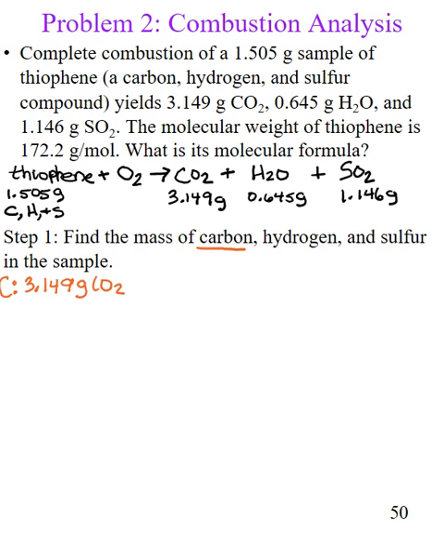All right, now for, let's say, hydrogen. Where is the hydrogen coming from? From water. 0.645 grams of H2O. Okay, but this is of H2O. You need to find the mass of just hydrogen. And then the third one is sulfur.